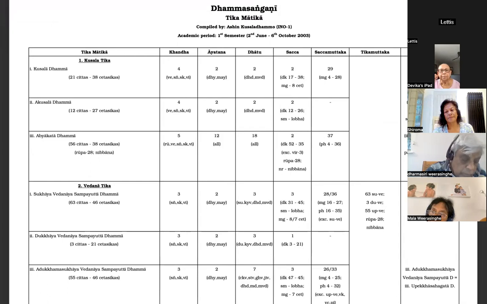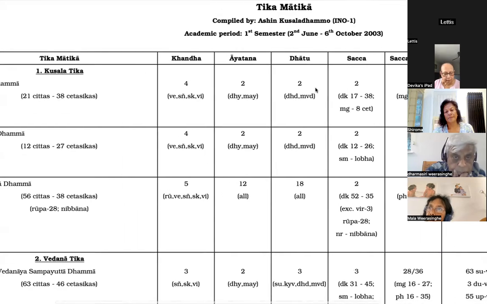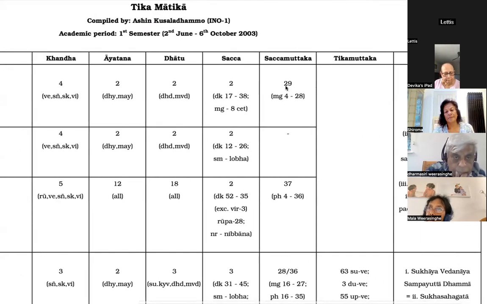When a person is experiencing, that is why you see it says 29 here. 29 is this Kusala Tika, Satcha muttaka, 29. 29 is 1 Magga and 28 associated Chetasikas.